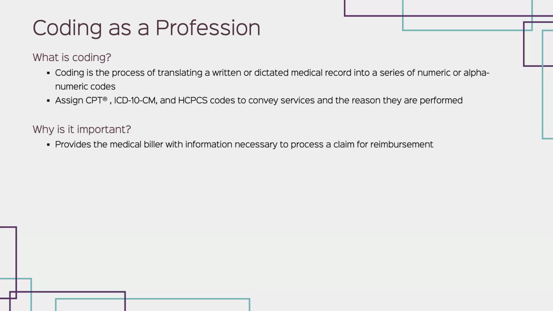Your medical records and your health information technicians will organize and evaluate these records for completeness as well as your accuracy. So coding itself is going to be the process of translating that written or dictated medical record into a series of numeric or alphanumeric codes.